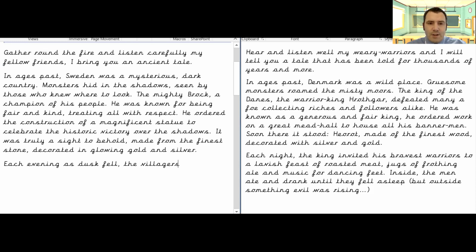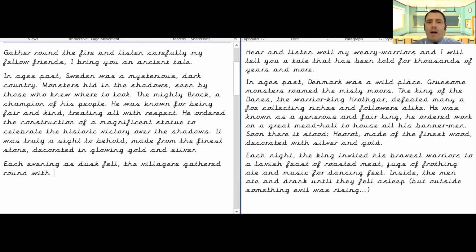The villagers gathered round with, right, what are they going to have? We've got this ornate statue, it's a celebration. So do we magpie from our model text again? Do we go back and look at it? We talk about brave warriors.